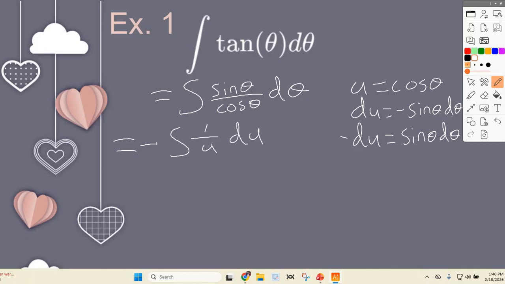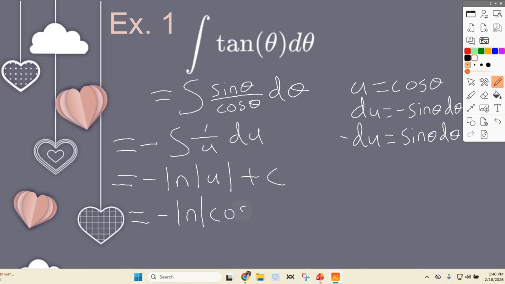Hopefully, again, that looks vaguely familiar. So again, my antiderivative is going to be the natural log of the absolute value of u plus c.